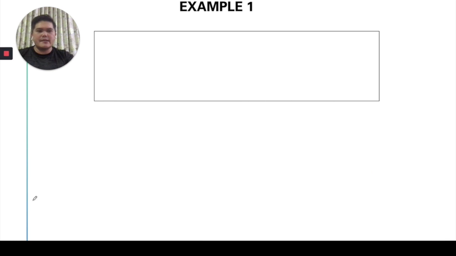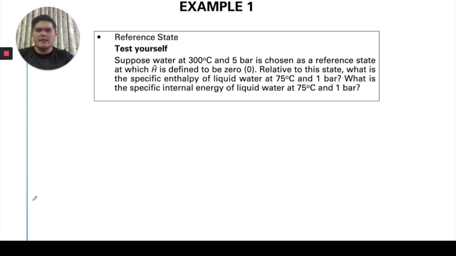To look into this example further, we were given that suppose water at 300 degrees Celsius and 5 bar is chosen as a reference state at which specific enthalpy is defined to be 0. Relative to this state, what is the specific enthalpy of liquid water at 75 degrees Celsius and 1 bar? What is the specific internal energy of liquid water at 75 degrees Celsius and 1 bar?